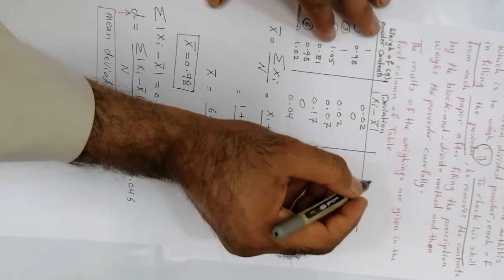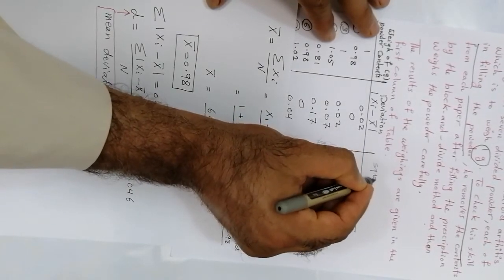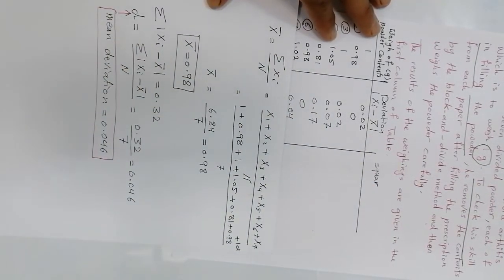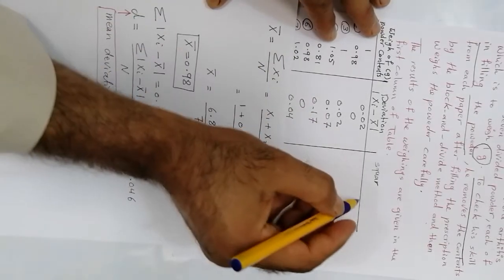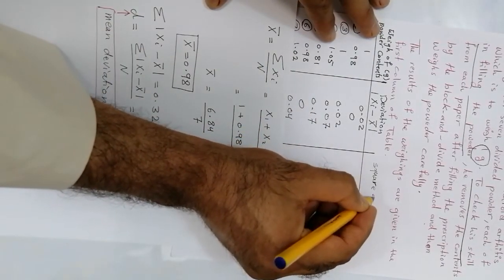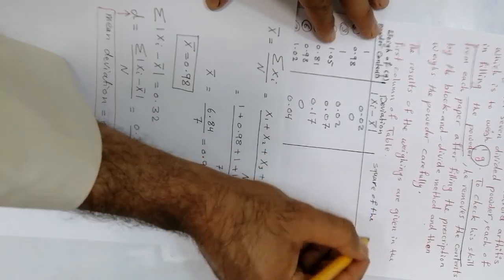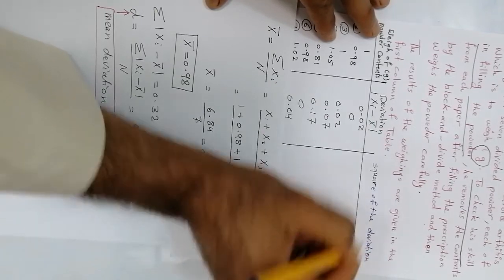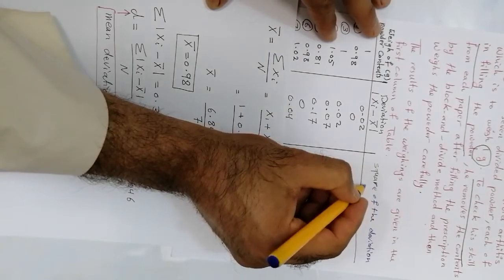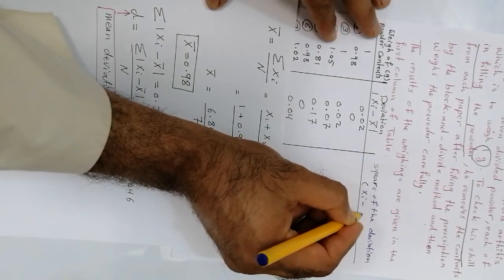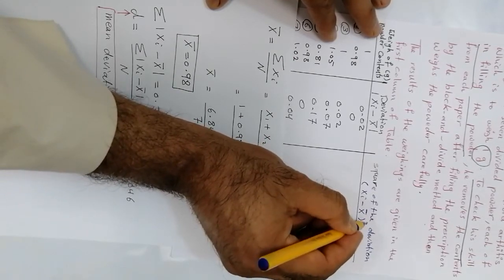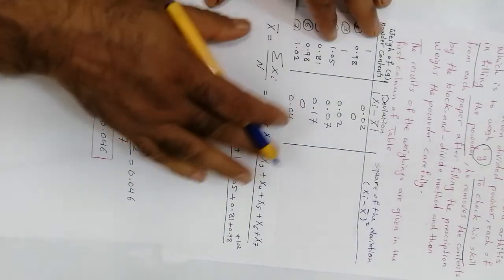Okay, now calculate the square of the deviation, which is represented by this equation: xi minus x dash, the mean, squared.